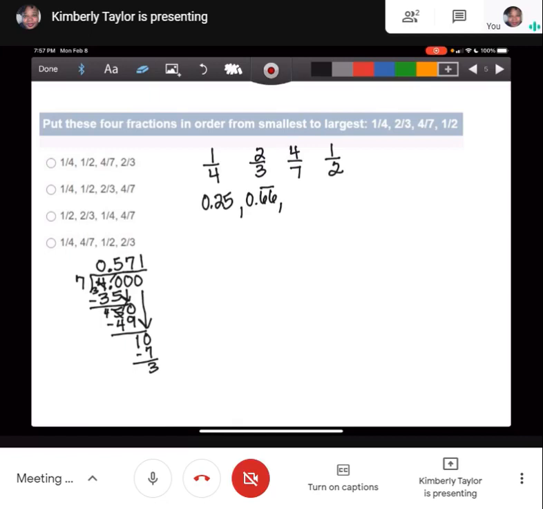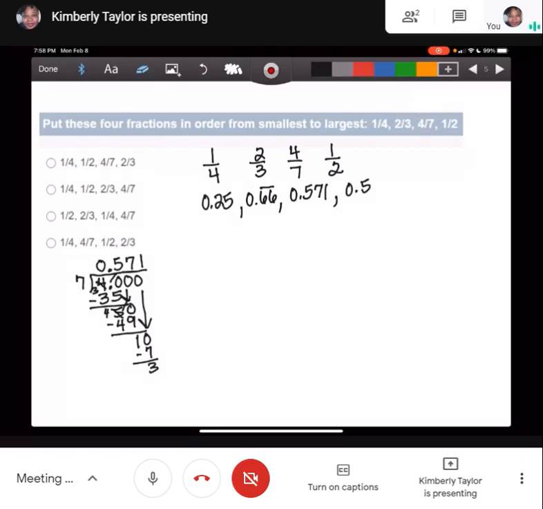So I get 0.571. All right. So for the next one, 1/2, I already know that this is 0.5. Okay, so if I put these in order from least to greatest, I could just number them since they're here.